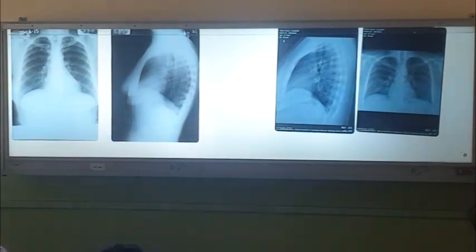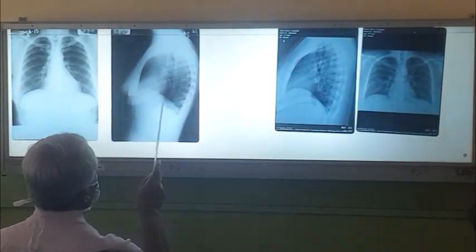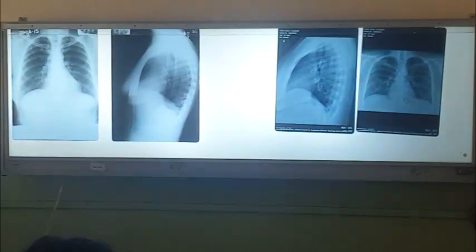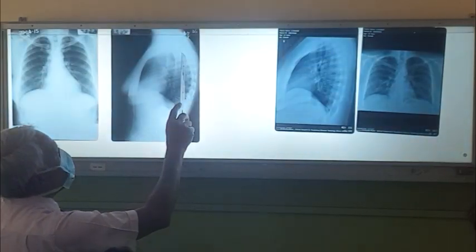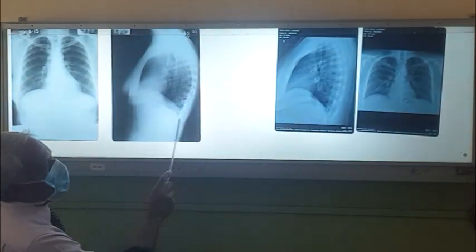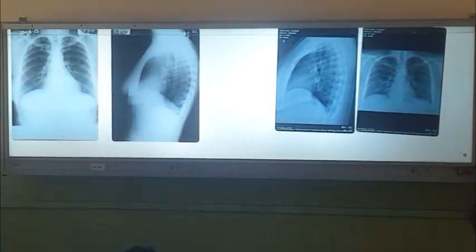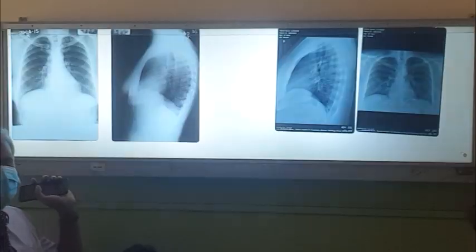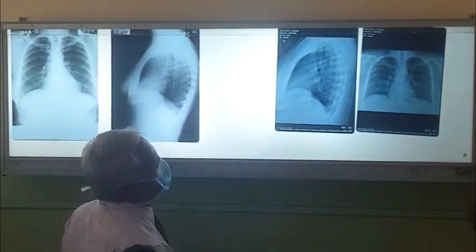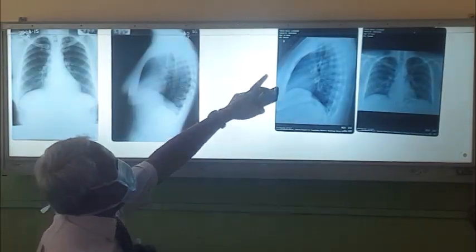Then when it comes to the lateral film, you can see two thoracic cages, right? Have you noticed these things in the X-rays? So these are two thoracic cages. What happens there is, we have done a right lateral.